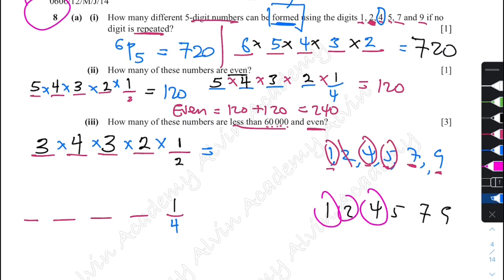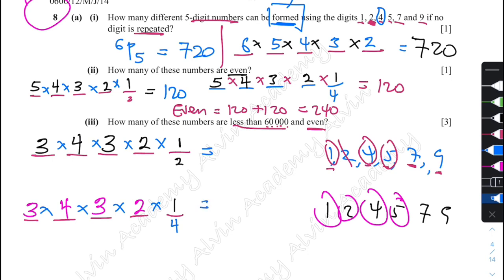Now any of these 3, that's 1, 2, 5, can fill the first slot because it has to be less than 60,000. Out of 6, we've chosen 2, so we are left with 4 numbers. So any of the 4 can fill here, any of the remaining 3, any of the remaining 2. Then you multiply them out too.